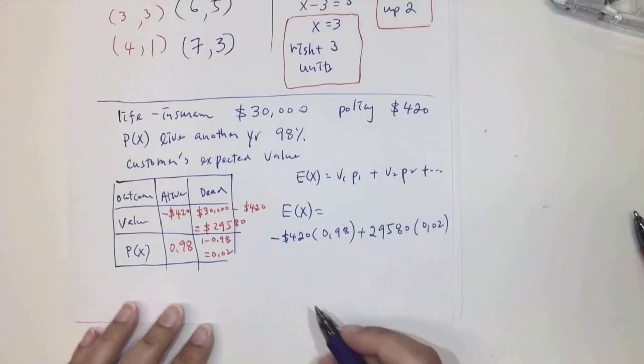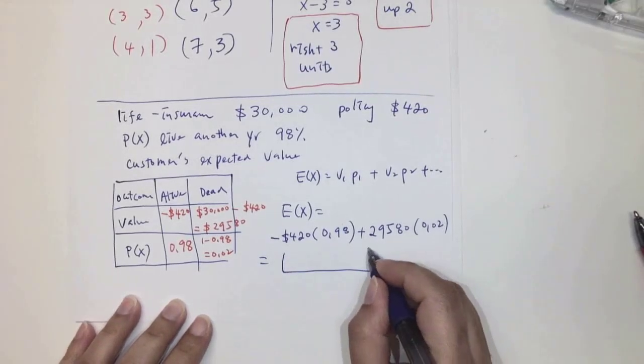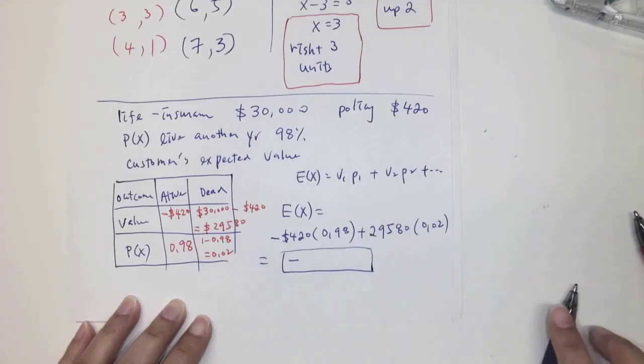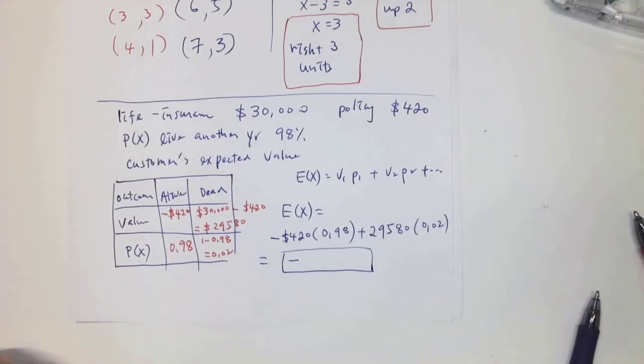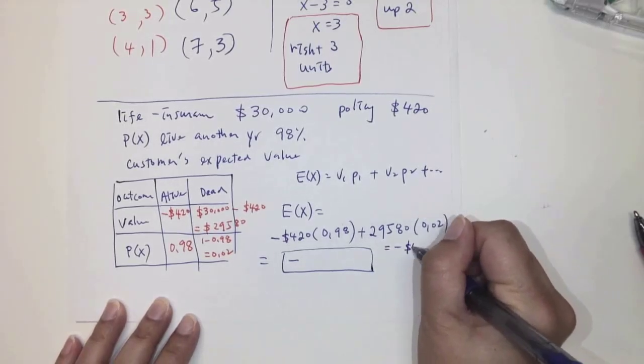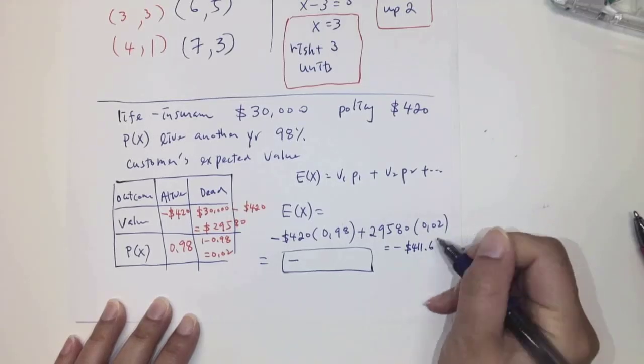Get that answer, please. Negative 28808.4, is it? So that was negative 411.6.